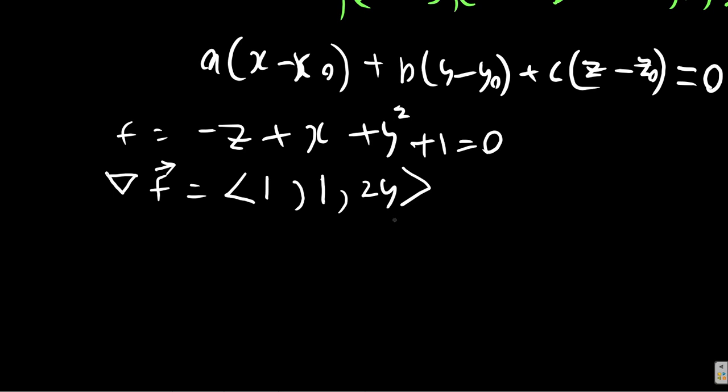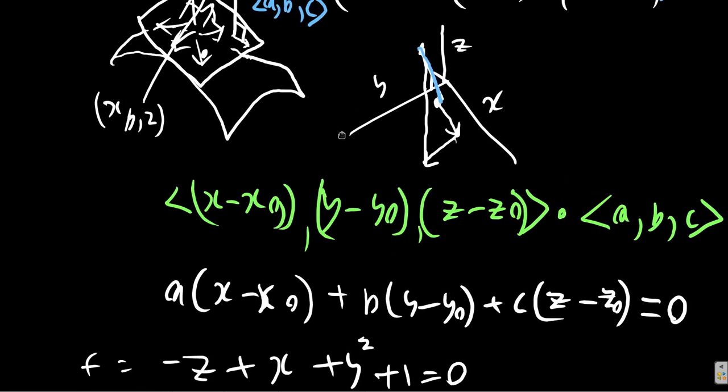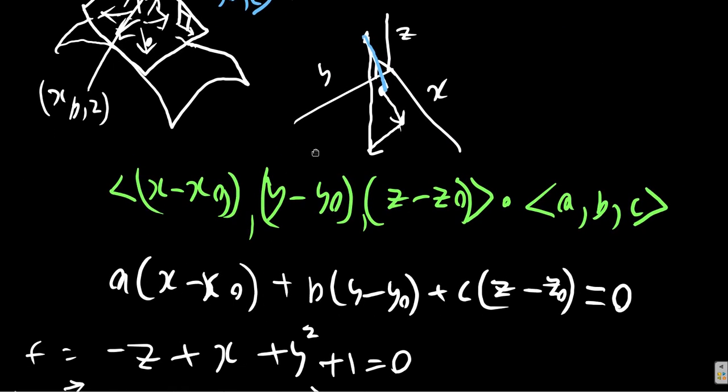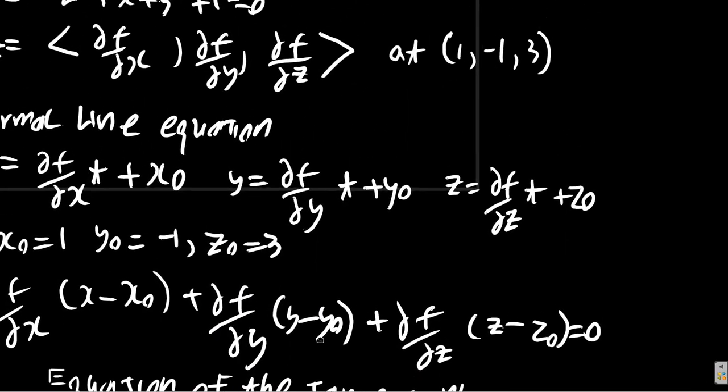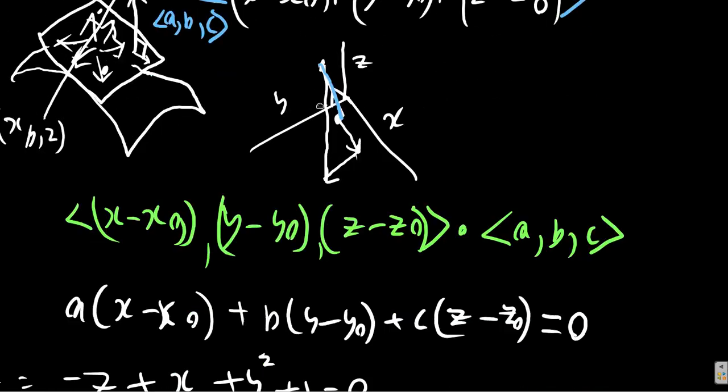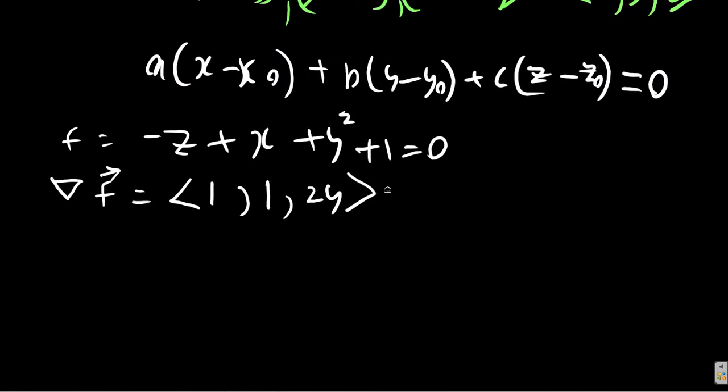Now what we're going to do is substitute these at the point. What were the points again? 1, negative 1, 3.